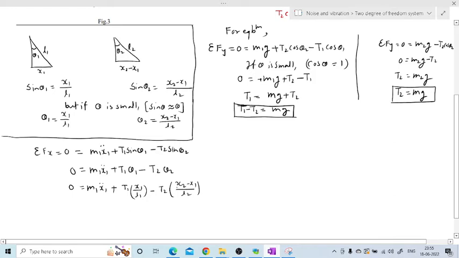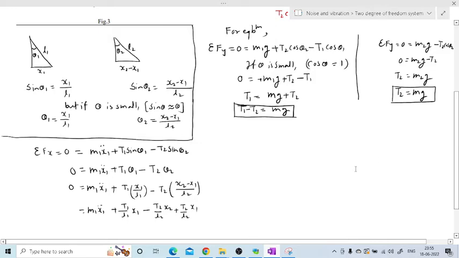Okay, so we'll simplify this equation. So m1 x1 double dot plus T1 by L1 into x1 minus, multiplying T2 inside, T2 x2 by L2, minus minus will become plus T2 x1 by L2.